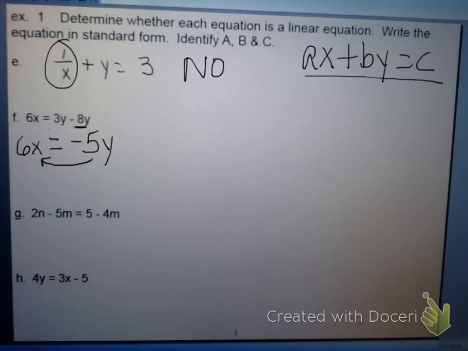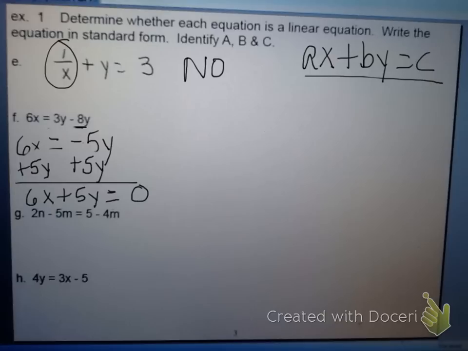So to move it, we would have to do the opposite, which is adding 5y. And again, put it in standard form. That would be 6x plus 5y is equal to, everything went away over there, so you'd have to put 0. So now it is in the form of ax plus by. A is 6, B is 5, and C is 0.